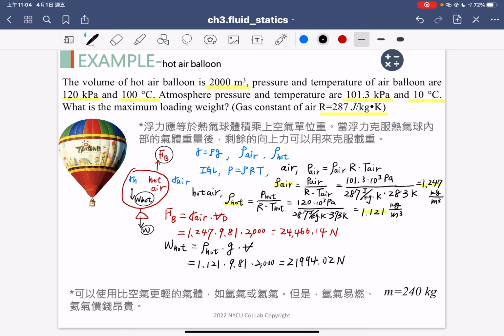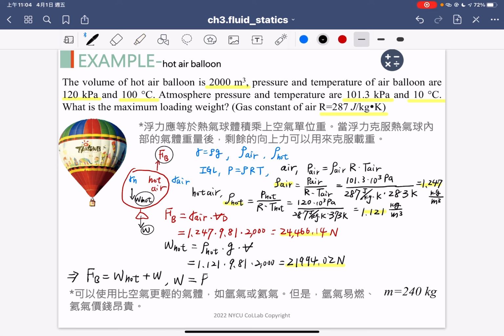So we go back to the final force balance. FB equals the hot air weight plus W, where W is the people weight. We can just subtract to compute the final answer.